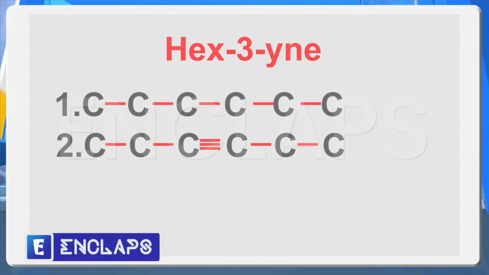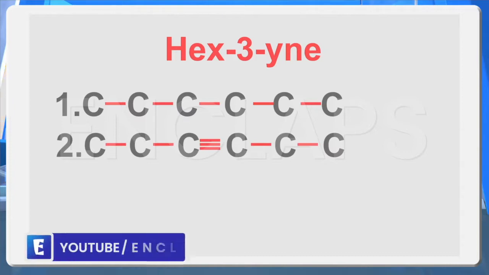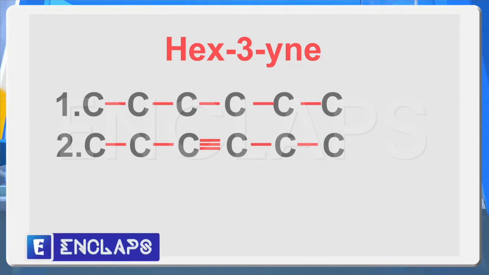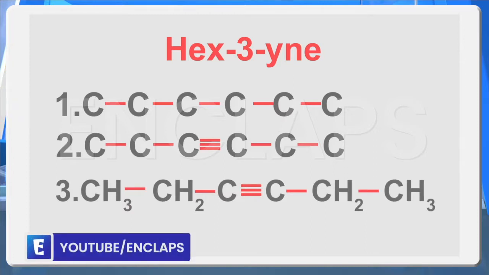First, we have to draw the carbon skeleton, a carbon chain of 6 carbon atoms. Then we have to put a triple bond between the third carbon atom and the fourth carbon atom. Clear? So, the carbon skeleton is ready. Now, we have to fill in the hydrogen atoms to satisfy the valency of the carbon atoms.